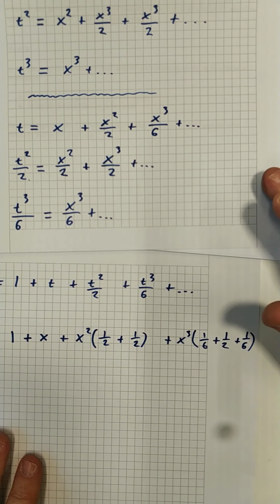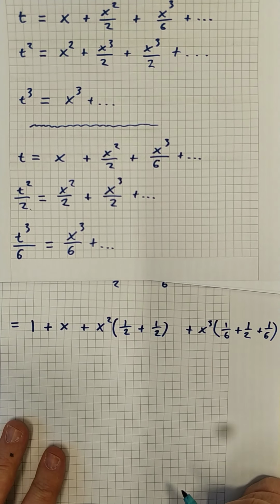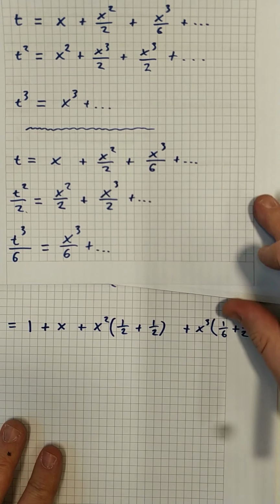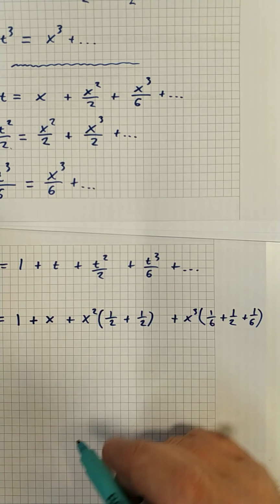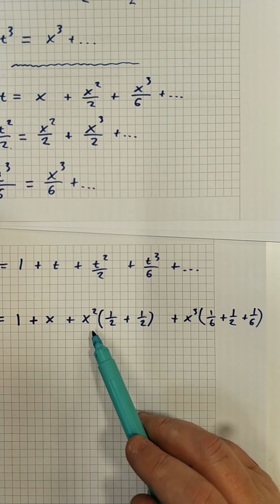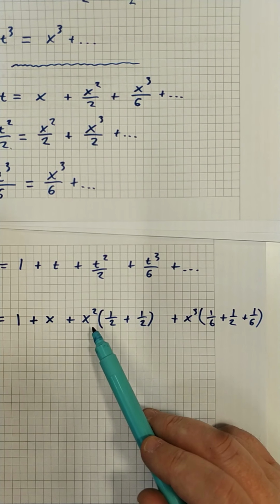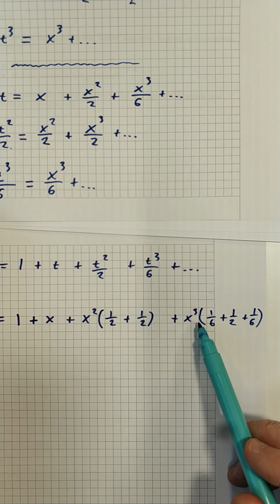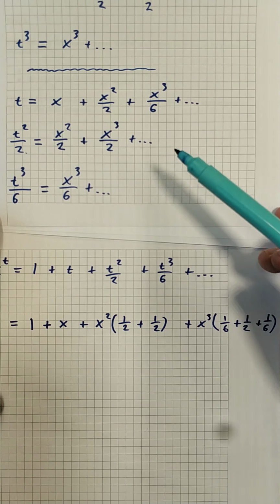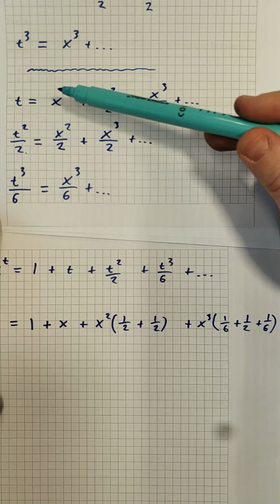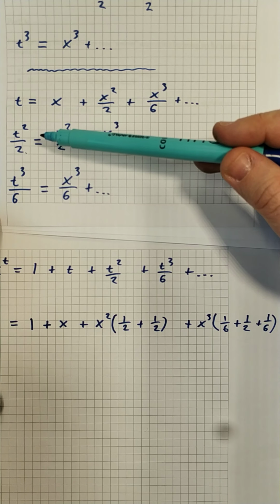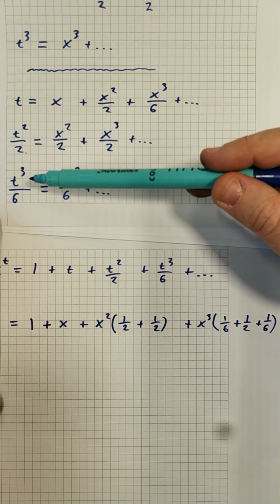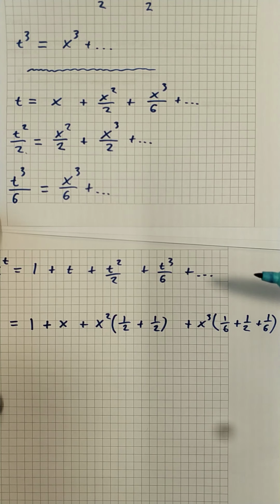So I don't know if you can see very well like this. Here I've taken the powers of x in increasing order, 0, 1, 2, 3, and so on, and collected terms from the t series, the t squared over 2 series, the t cubed over 6 series, and so on.